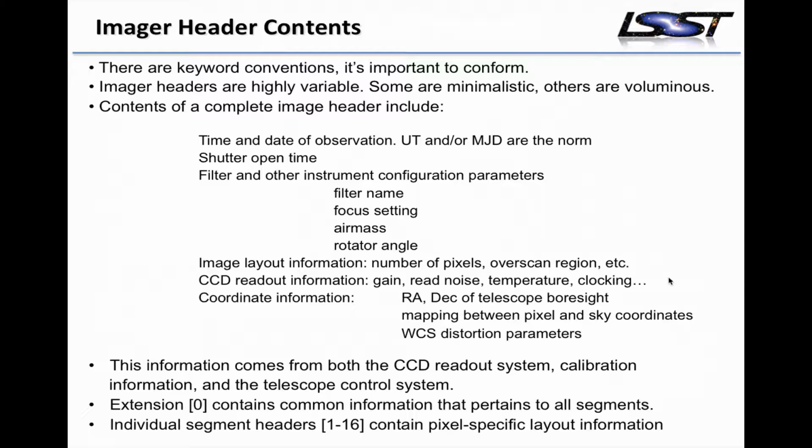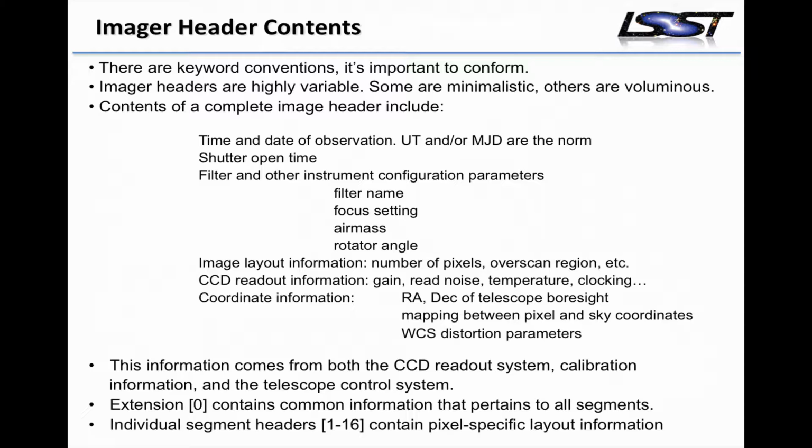information that pertains to how the data were taken, initial estimates of the gain and the read noise, what was the temperature, what clocking file was used, coordinate information drawn from the telescope, the right ascension and declination. Some parameters are commonly included that tell you how to map between sky coordinates and pixel coordinates. There are a variety of conventions to do that.